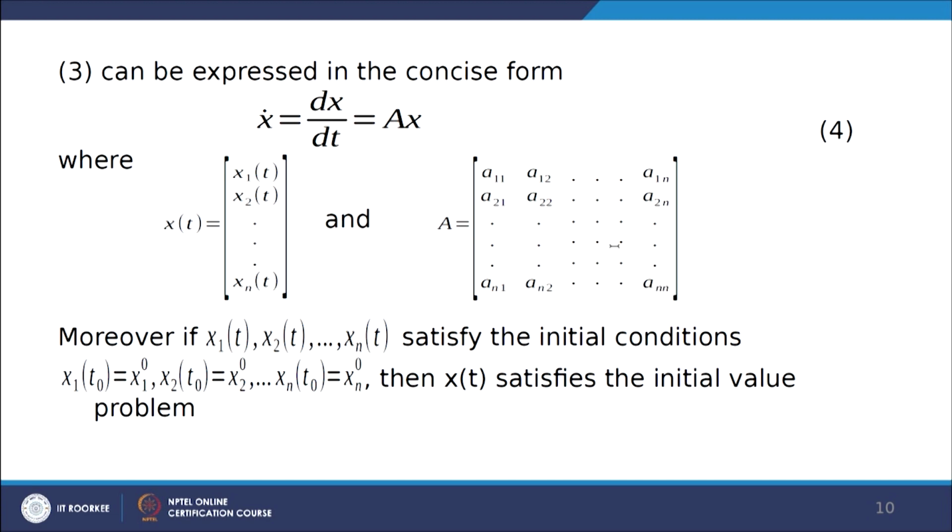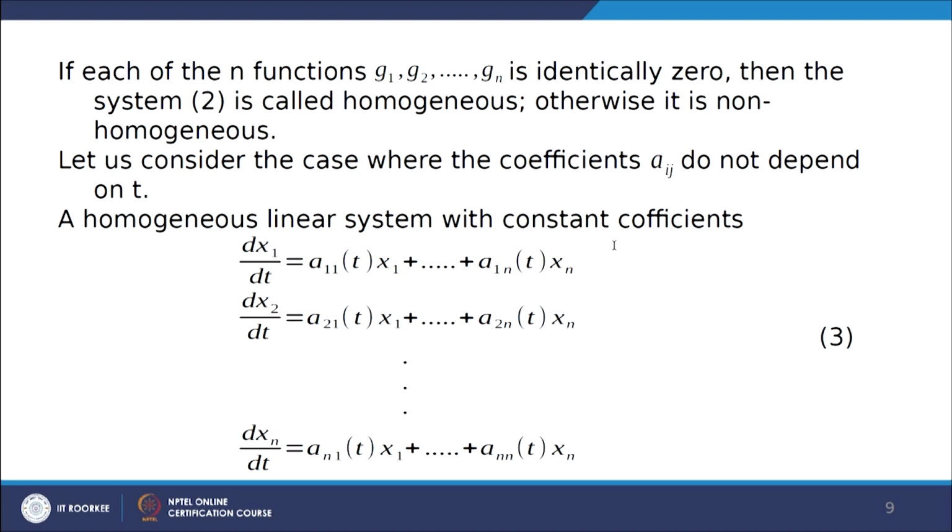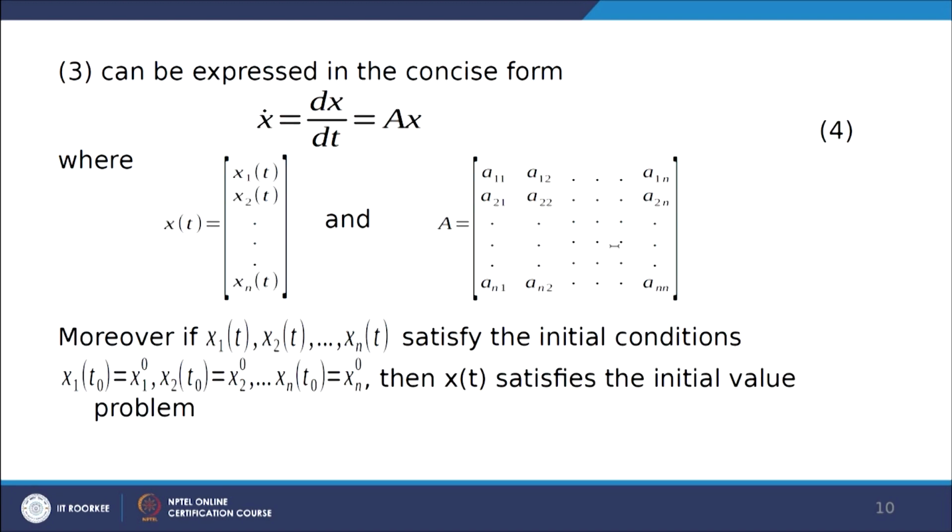And so, the n equations given by 3 can be put in the form of a vector equation dx/dt = Ax.